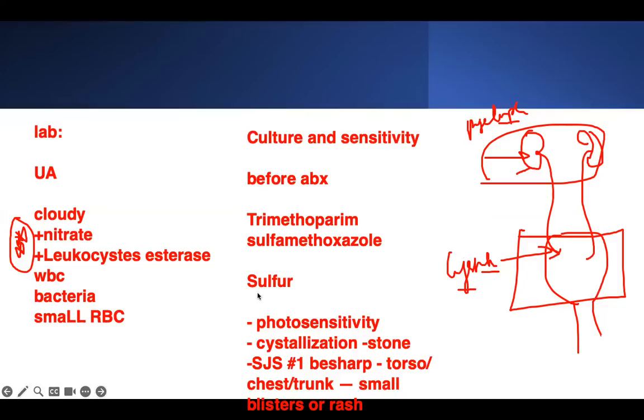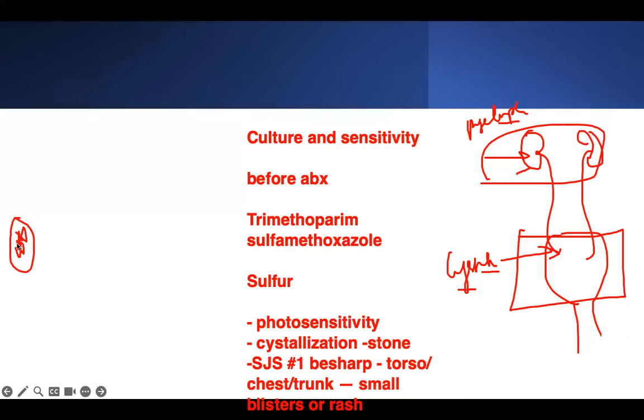Blisters or small blisters or rash on the patient, you have to do something about it. That is the beginning of Stevens-Johnson syndrome, and that patient, you have to see them as soon as possible. That's your B-sharp moment. For photosensitivity, you just teach them to avoid sun exposure as much as possible. That's all. Okay, so that's their antibiotic.